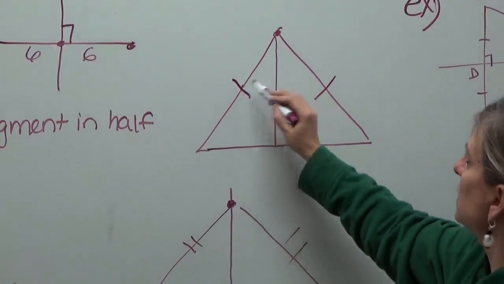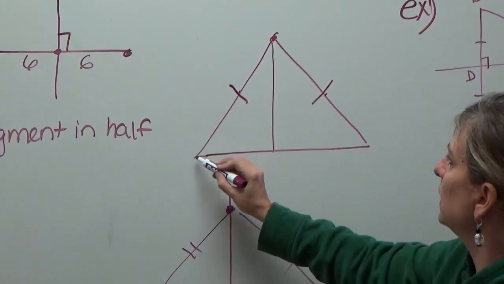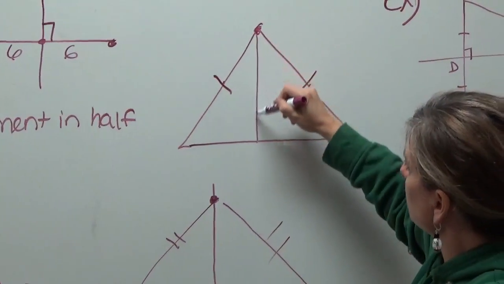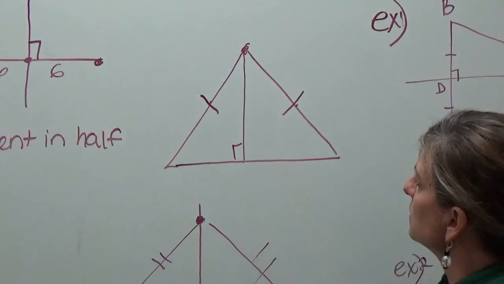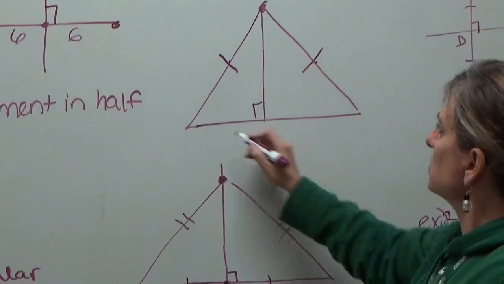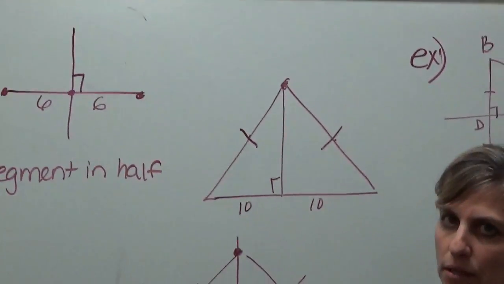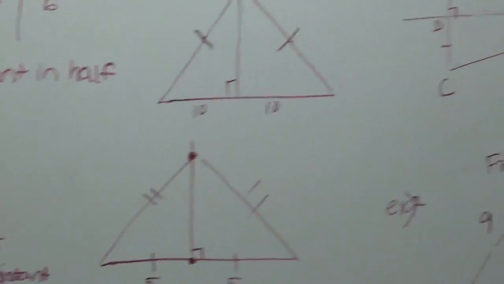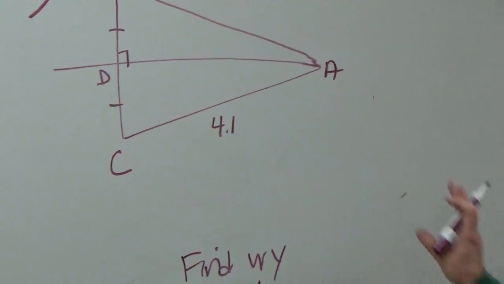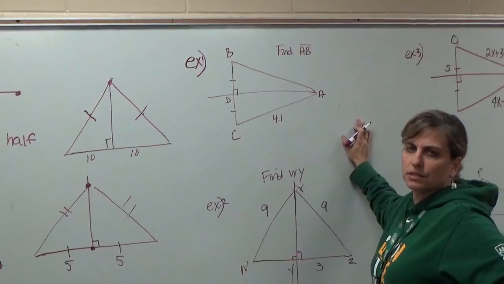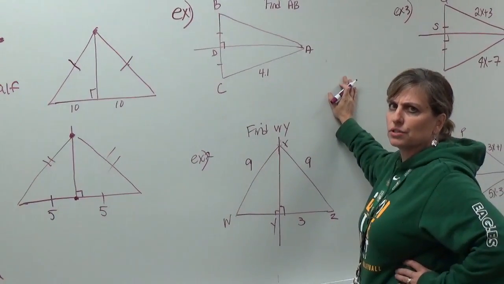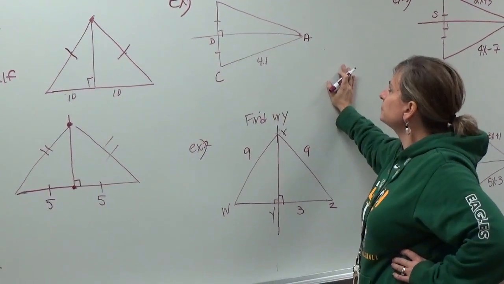So if I tell you that these 2 are equal and there is a point on this segment right here, then I can say that this is the perpendicular bisector. So those would be equal to each other. Okay, so let's look at some examples. This section is broken up into different sections, so we're going to just look at some examples right now.